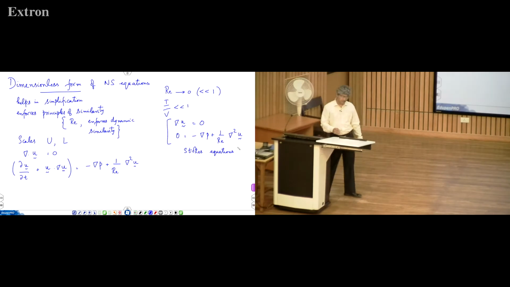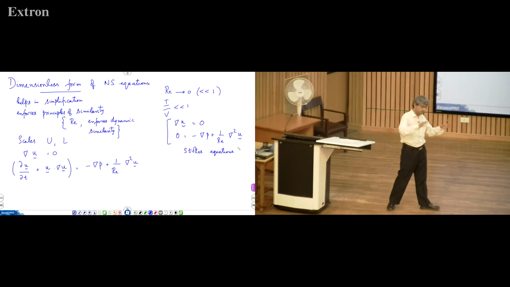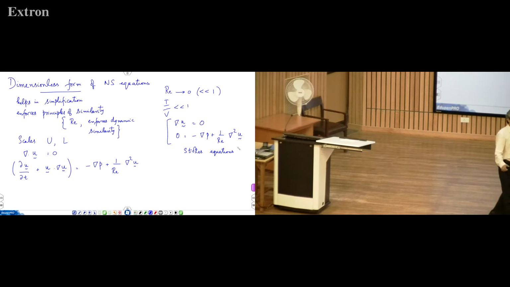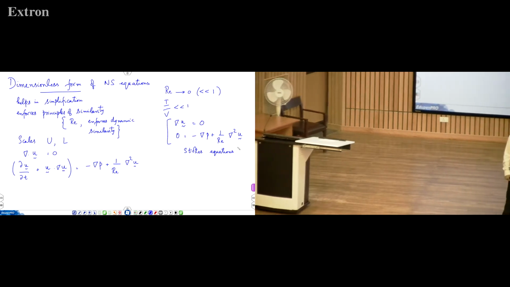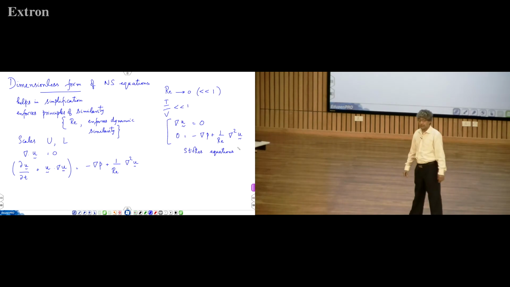So, Stokes equations of course are a subset of Navier-Stokes. Navier-Stokes is most general, Stokes is a special case, but it is an interesting special case because it is a linear system, linear in the mathematical sense.